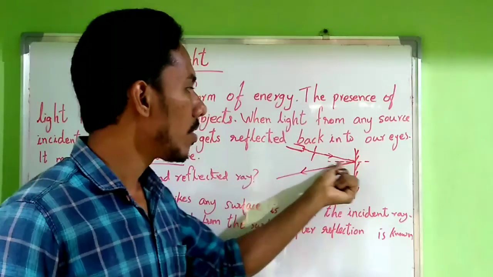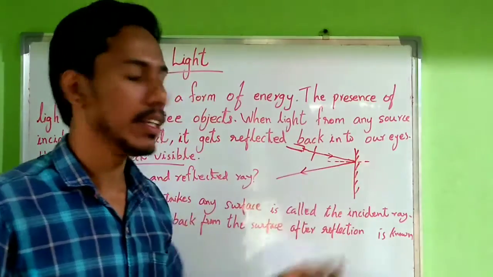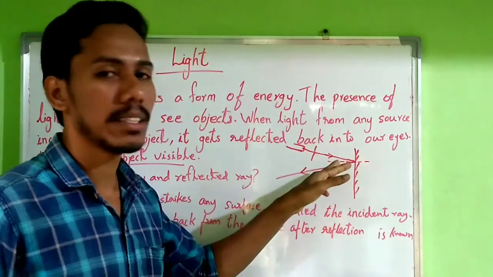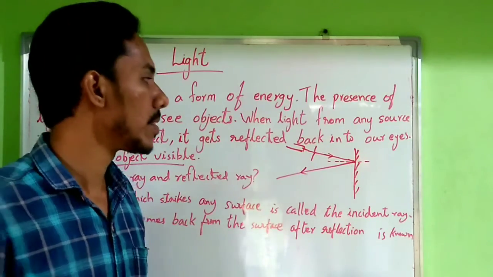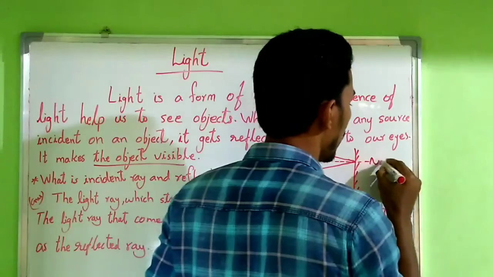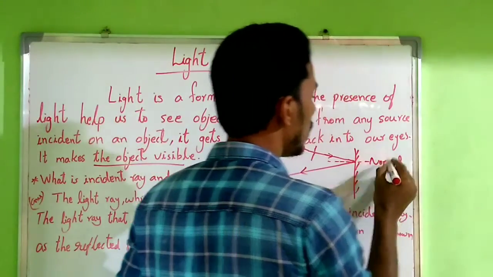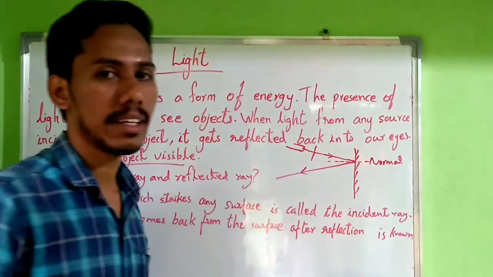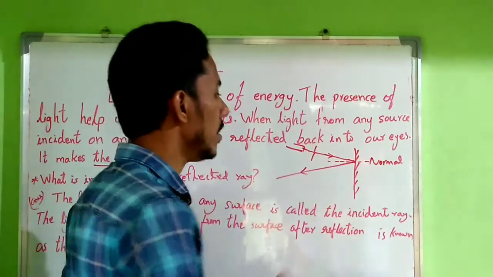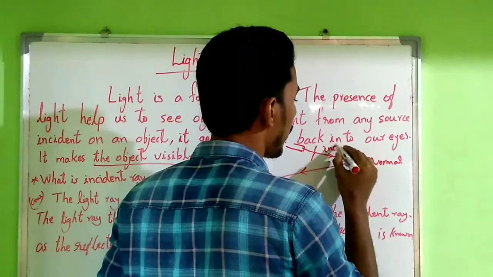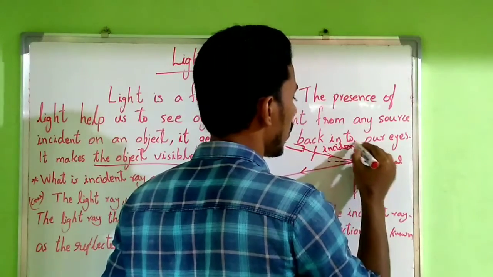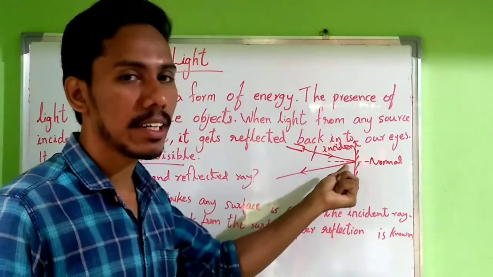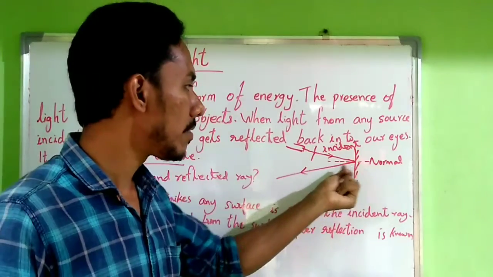I have drawn a normal to the mirror as a perpendicular. This line is normal to the mirror. This ray is called the incident ray. When this incident ray hits the mirror, it is reflected back.